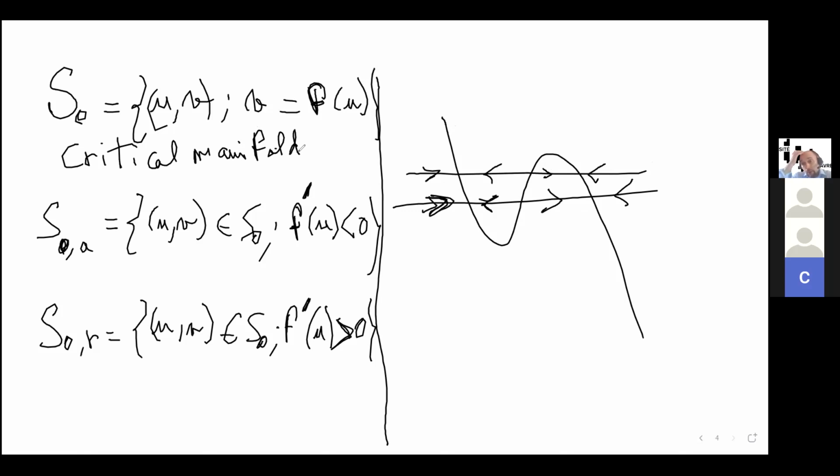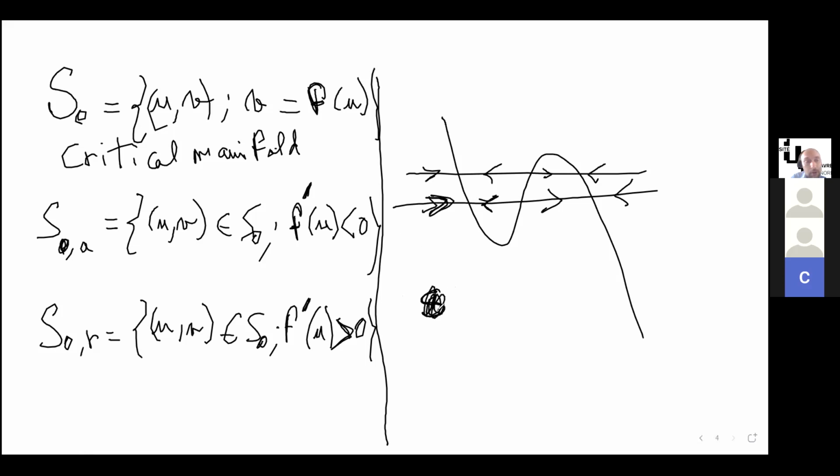All right, and so you have a theory which says that for the parts for which this f prime is not 0, there's the theory, which goes back to Fenichel, which says that the trajectory for epsilon small will look like that.